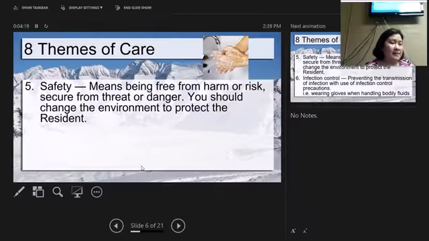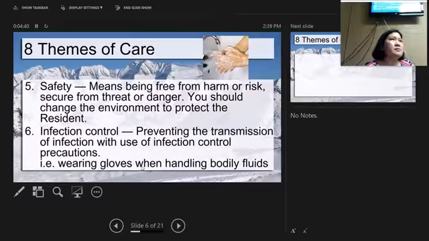Another theme is safety. Safety means being free from harm or free from danger. So most people want to make sure that their environment is safe. If they want their door shut at night, you can shut their door. If they want to leave a light on so they can get to the bathroom, you can leave the light on in the bathroom. So just different little safety things. We always make sure that their walkers and their wheelchairs and their canes are within reach for them to get if they need to get up and get out of the bed by themselves.